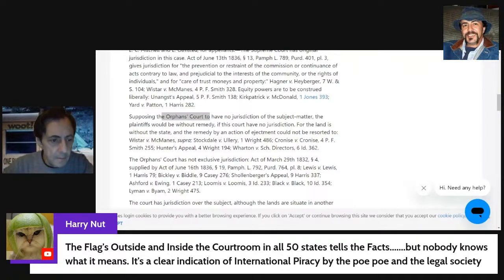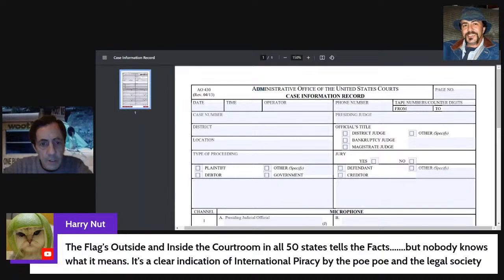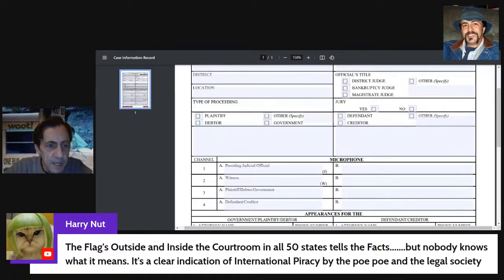Got to remember, Administrative Office of the United States Courts, Case Information Record, Form AO430, and then type of proceeding, equity.